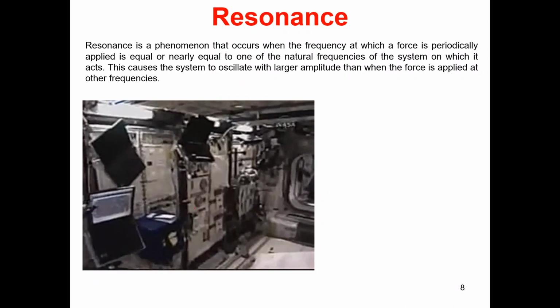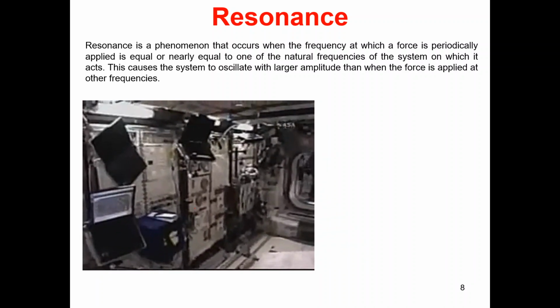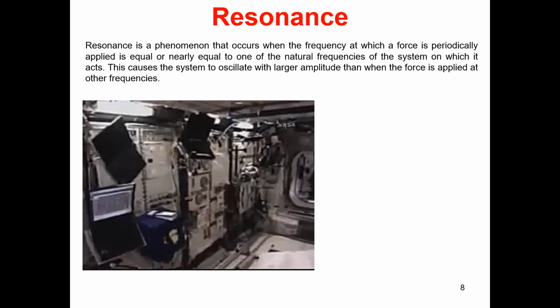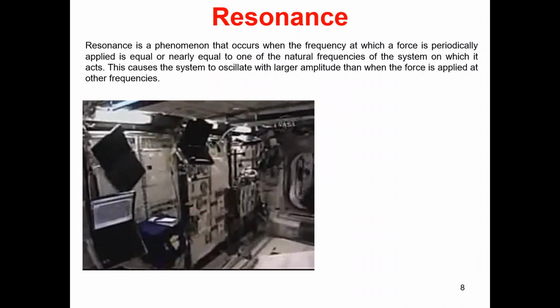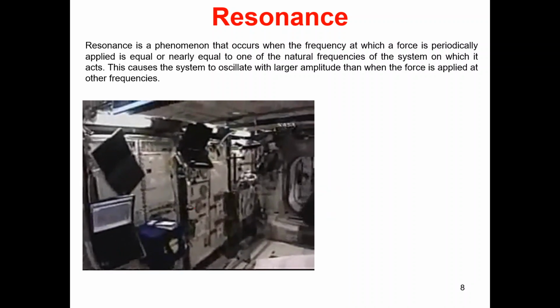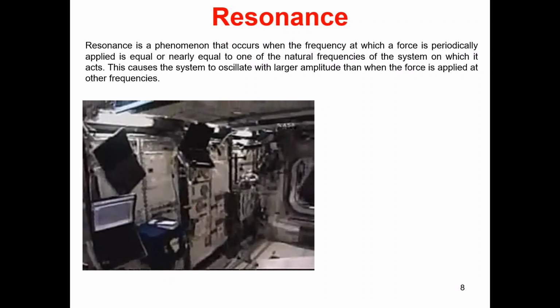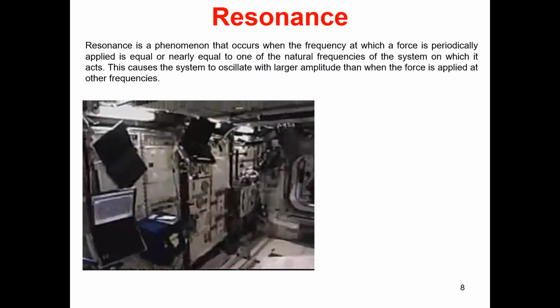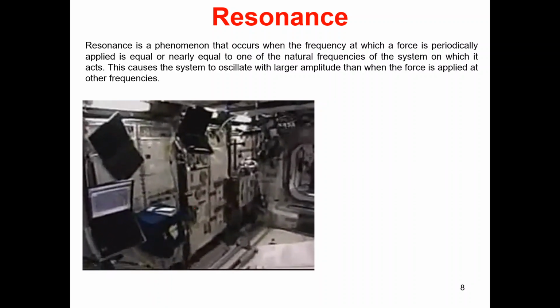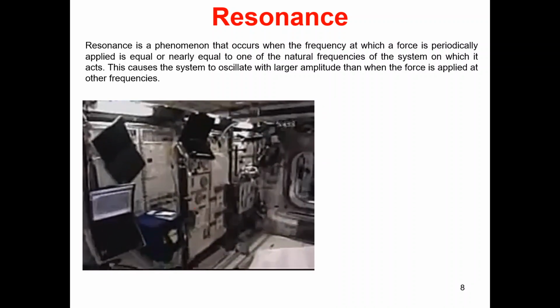As you can see, the International Space Station is vibrating, and I assume for the astronauts there, it should have been a very scary moment, right? You are in space, and your home essentially starts vibrating.